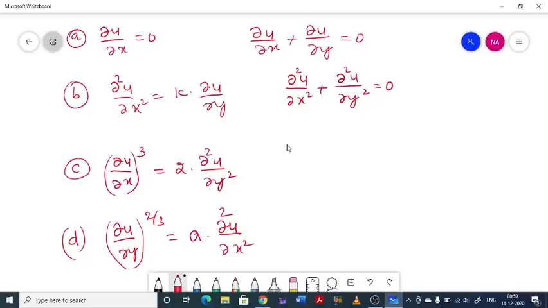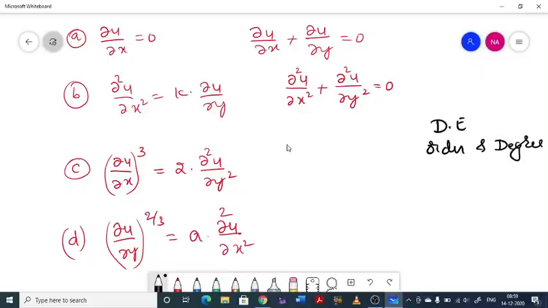See, when you discuss a differential equation, two parameters we usually define. So what are the two parameters? Order and degree of the equation. So what is order and degree?